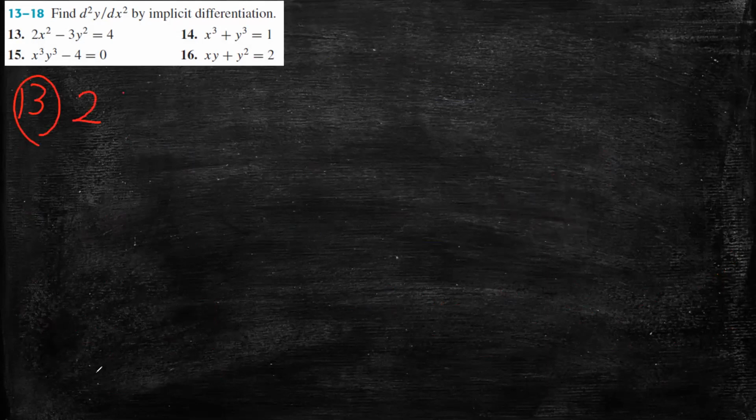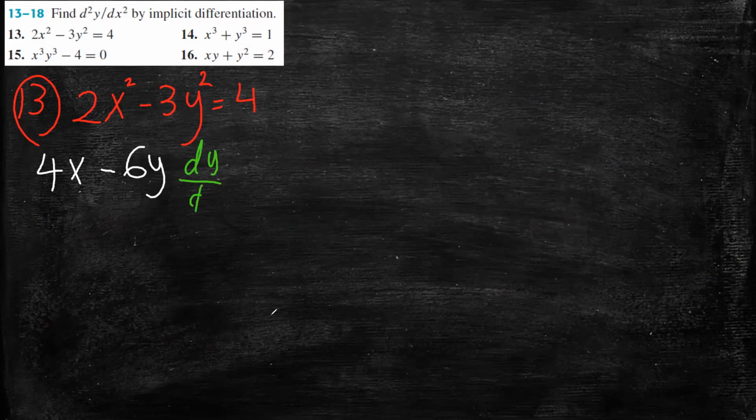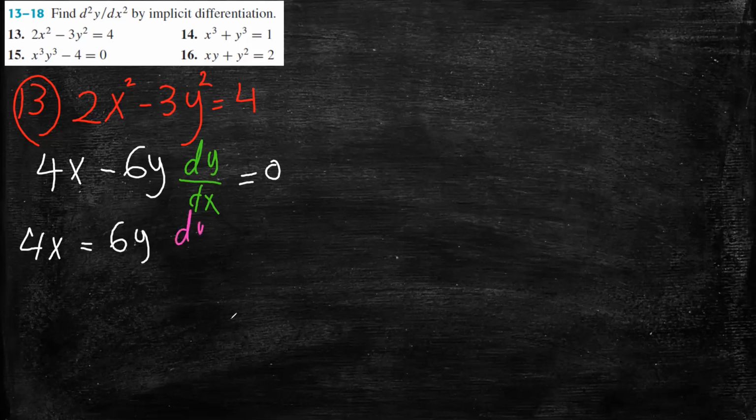Number 13 here. We have 2x squared minus 3y squared equals 4. So its derivative is 4x minus 6y times dy over dx equals 0. So 4x equals 6y times dy over dx.